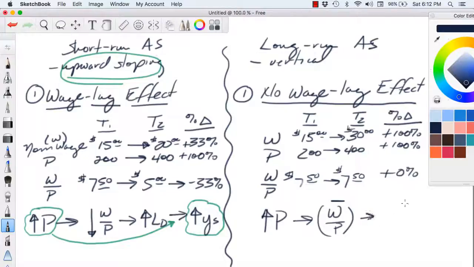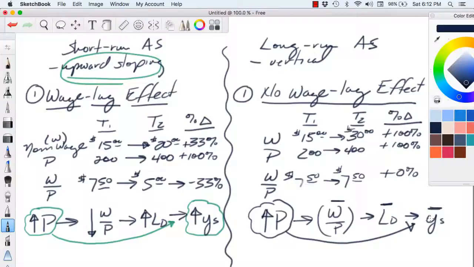Well, if there's no change in the real wage, businesses are not going to demand any more labor than they're currently demanding if they're basing their demand on the price of the labor. And if there's no change in the labor demanded, there's no change in the amount of output supplied. If we don't hire more workers, we don't produce more output. So in this case, you can see that the higher price has no impact on real GDP supplied.